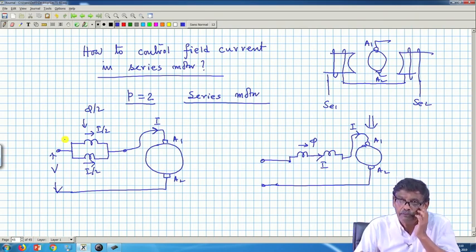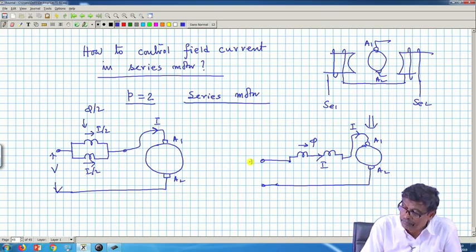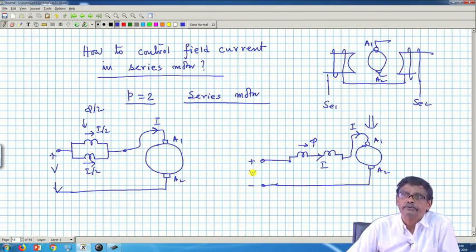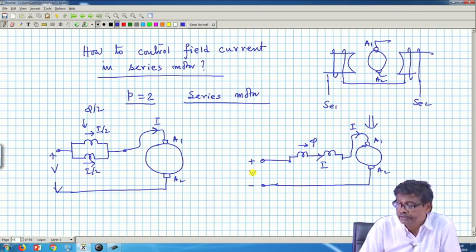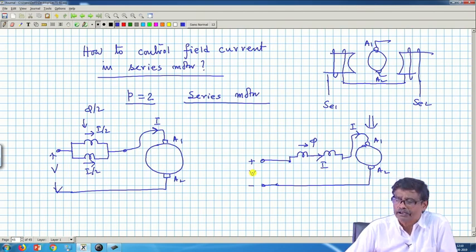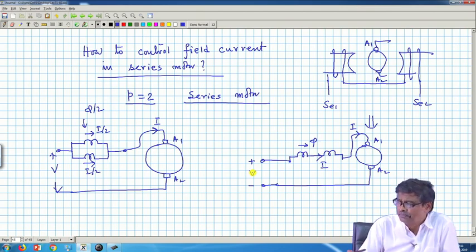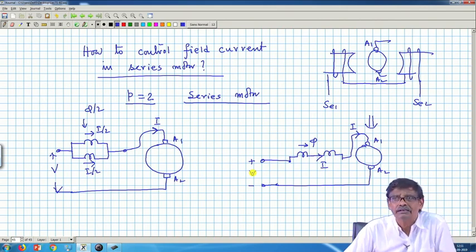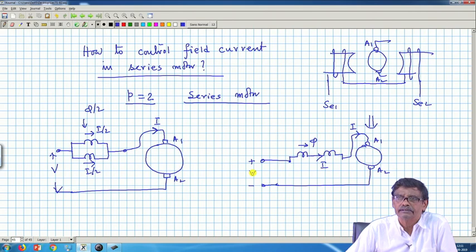Let me tell you something mathematically. Okay, this is the applied voltage V. I think you are following me. The way I want to train you is that, in a DC machine, to get quick results, I am always emphasizing this point: the armature resistance, and whatever things are connected in series with the armature, for example field coils, have a very low value of resistance.